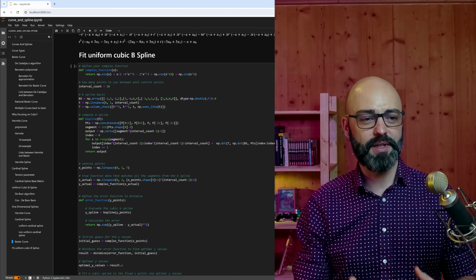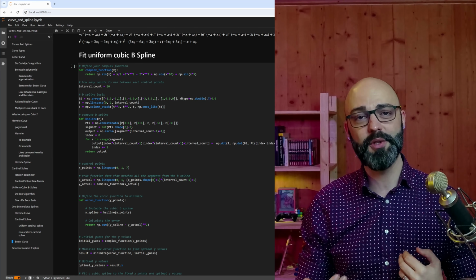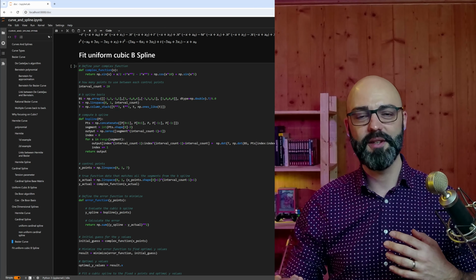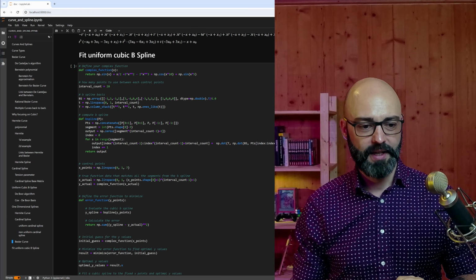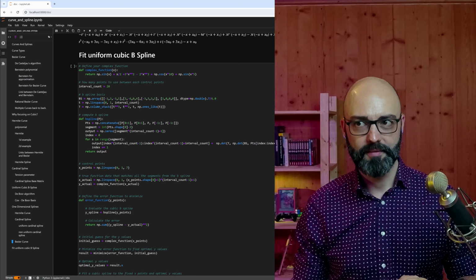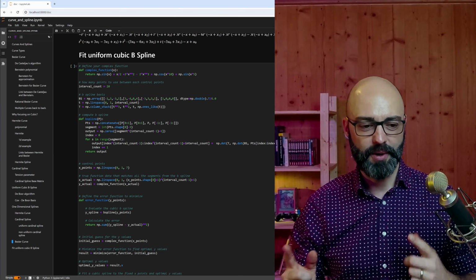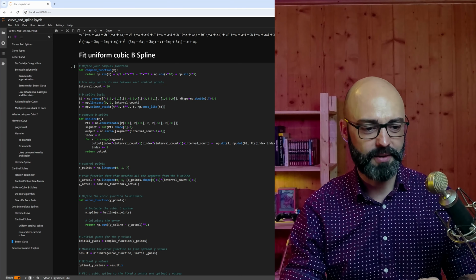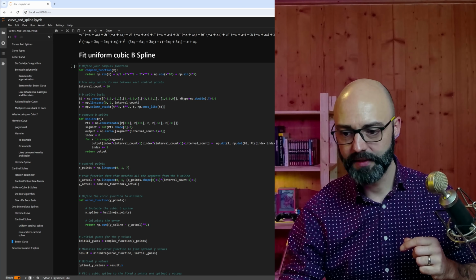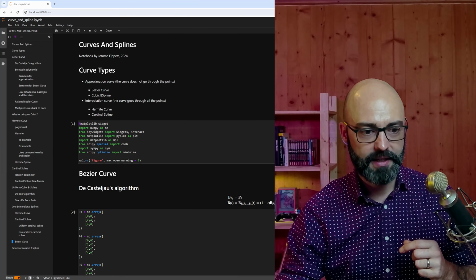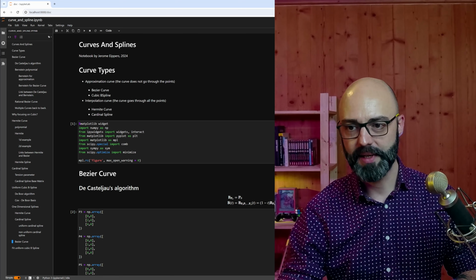What I would do here is fit a uniform cubic B-spline using the minimize system from SciPy optimize.